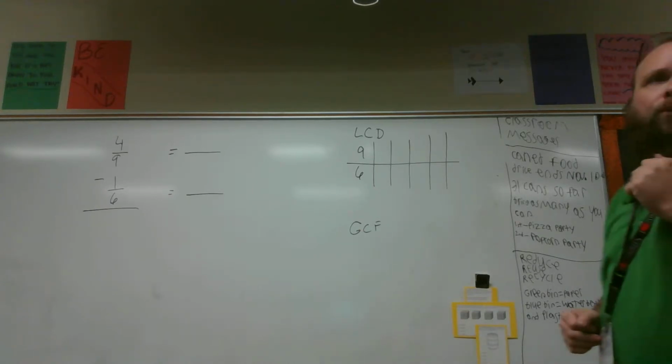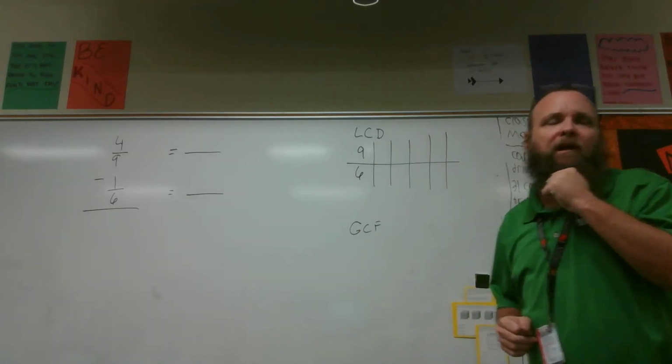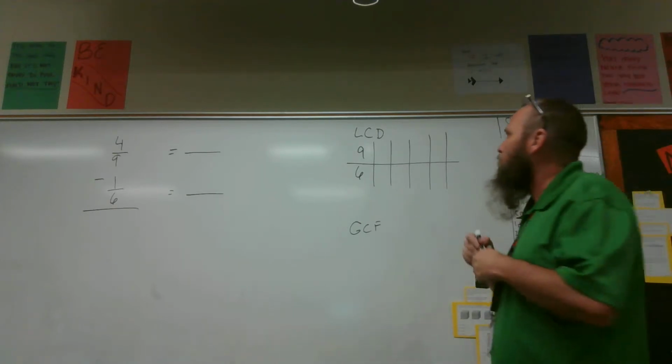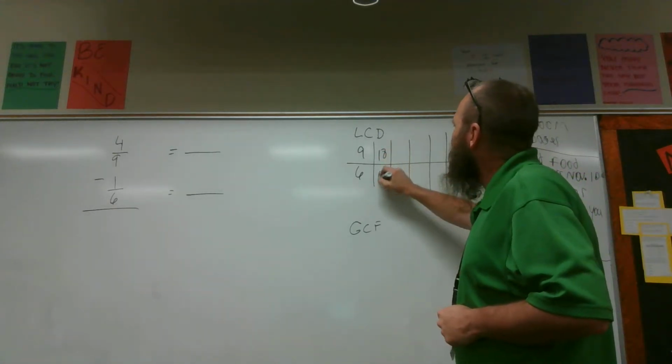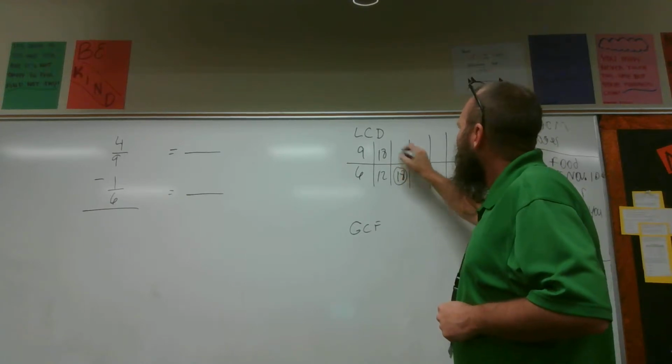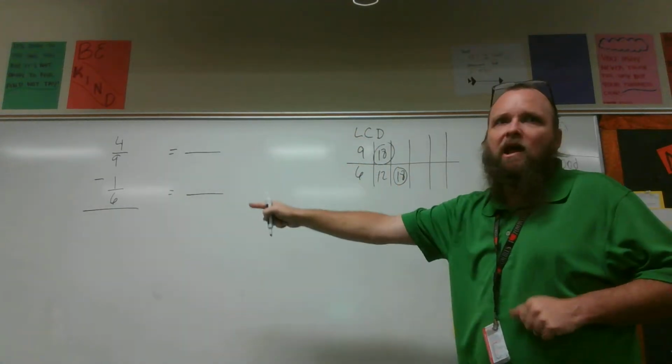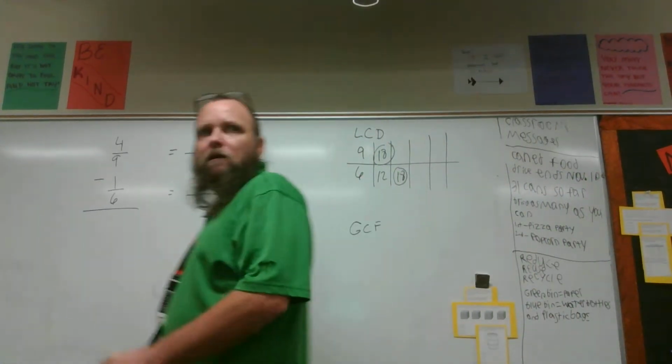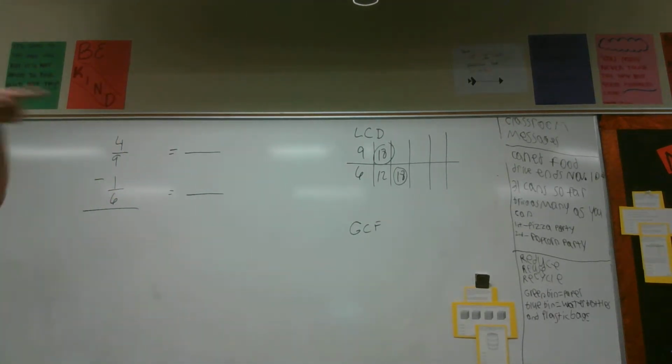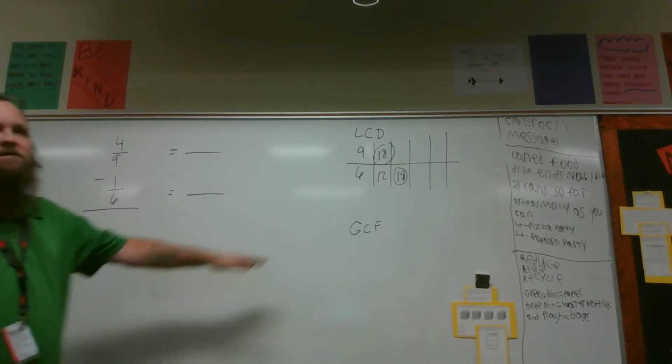What do you think it would be, Maddie? 18. So we have 9, 18, 6, 12, 18. Boom! Shakalaka, it's 18. So step 1 is we need to have our least common denominator.